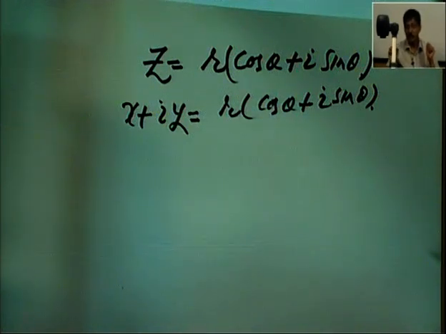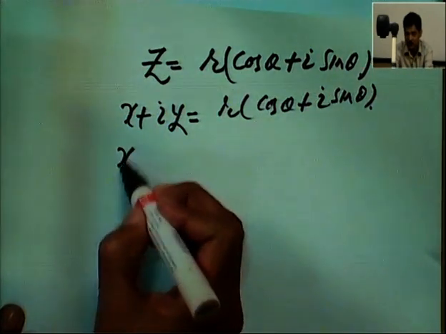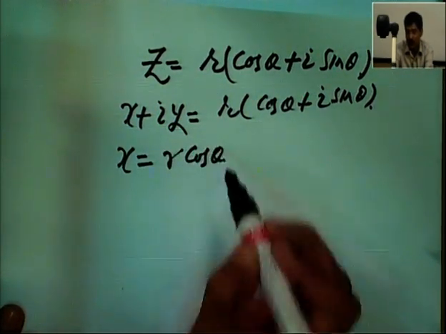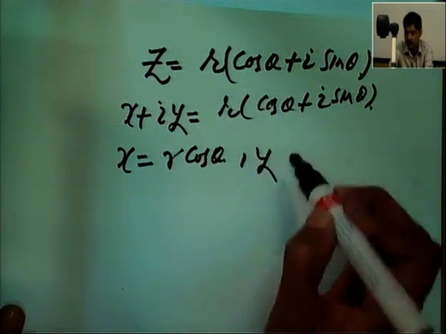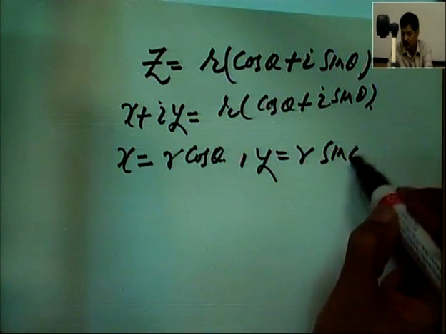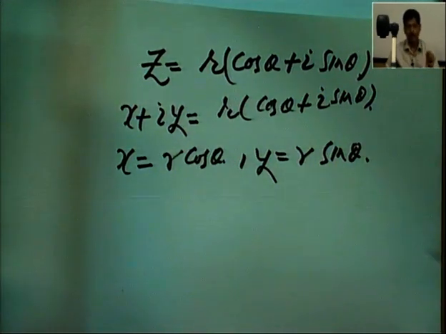And I have mentioned to you that two complex numbers are equal if their corresponding real parts and imaginary parts are equal. So, you apply that property over here. So, this gives you x is equal to r cos theta, y is equal to r sin theta.